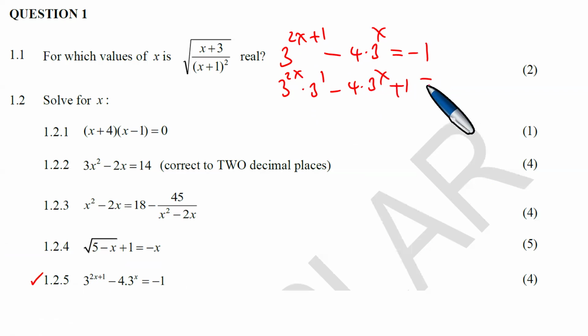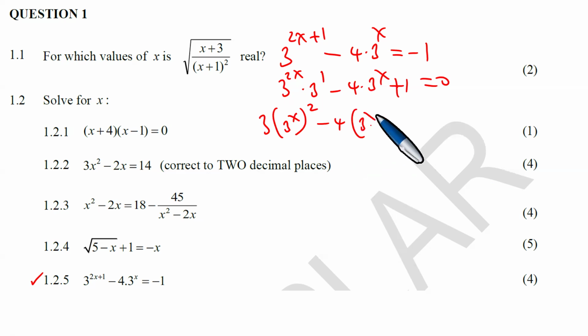Bringing this across, it is 3 times 3 to the power x all squared. The 3 to the power 2x we can write as 3 to the power x squared. Then we have minus 4 times 3 to the power x plus 1 equals 0.